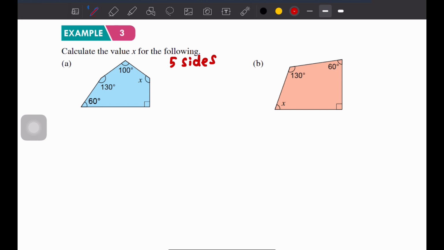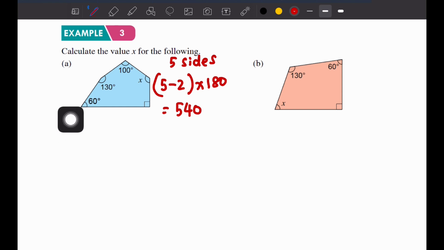So this is a pentagon. The interior angles is 5 minus 2 times 180. So the total of interior angles of a pentagon is 540.